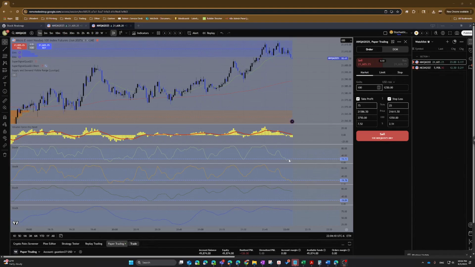What I'm looking for is all four of these to be, for the long side, under this 20 mark. You can see that I've tried to mark as close to 20 as I could get this line here.